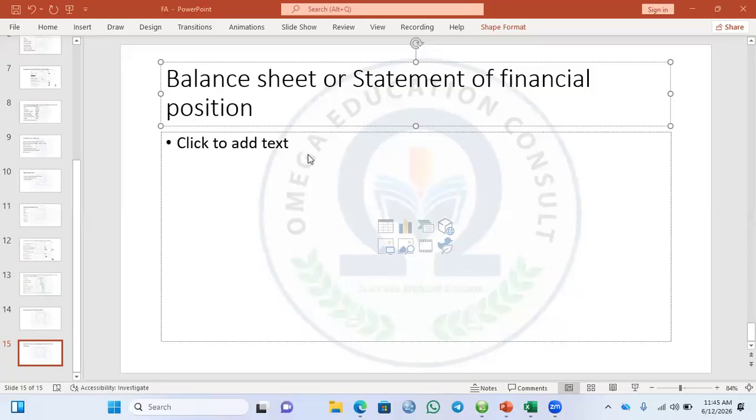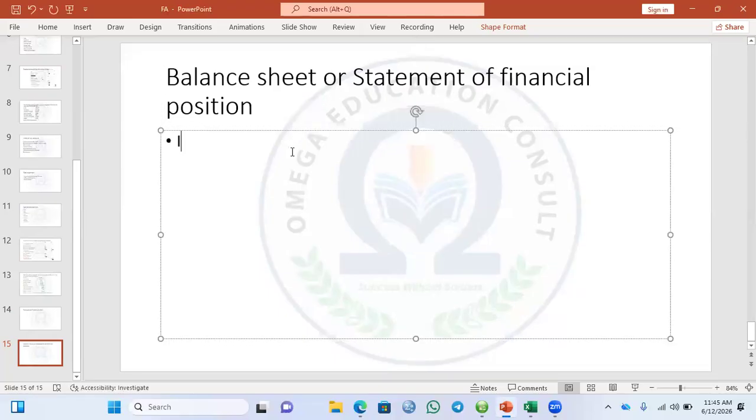Okay, so let me put it down that this is a statement prepared to show a business's assets, capital, and liabilities.